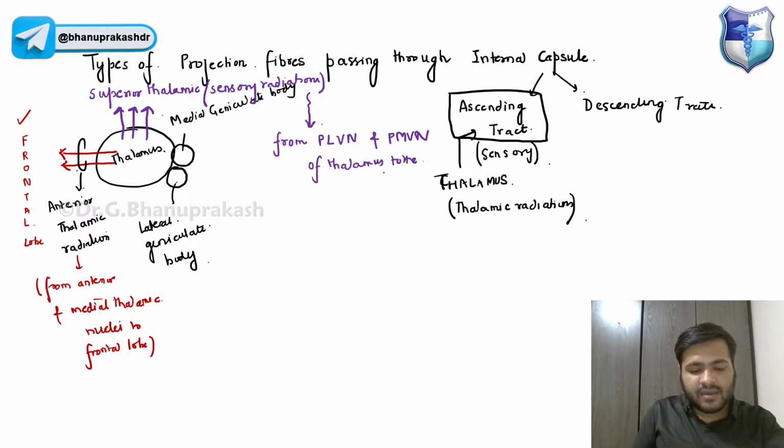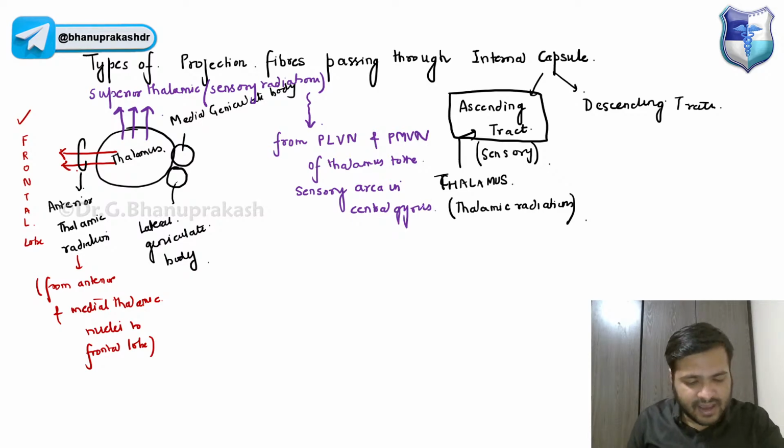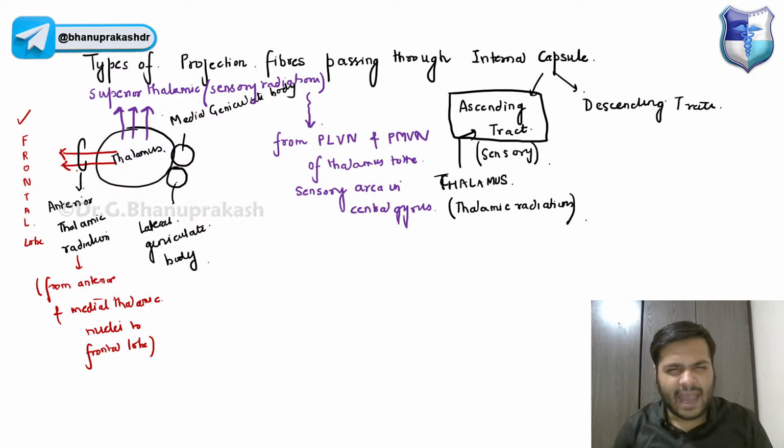To the sensory area in the central gyrus. The sensory radiation passes in the posterior half of the posterior limb. I will be discussing which part of the internal capsule they are passing in. First, you should know the radiations, guys, where they are coming from, right?